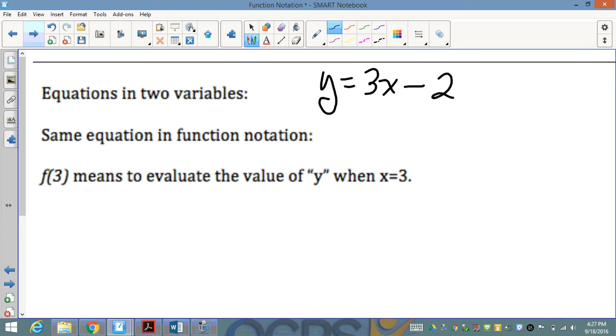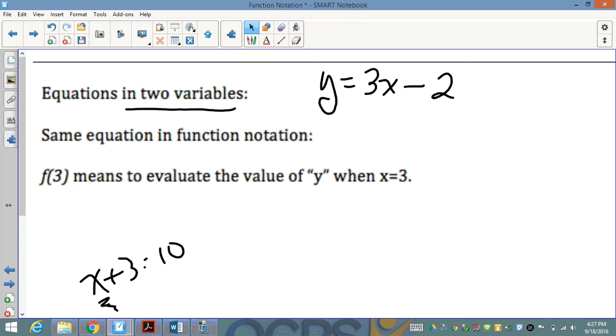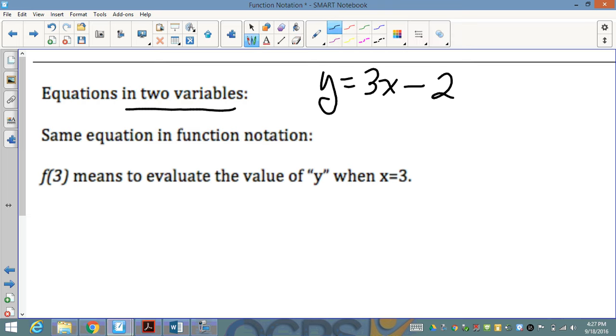First, let's talk about this equation in two variables. All that means is that my equation, instead of being something like x plus 3 equals 10, where I have just one variable, has two variables. You don't have to write that one down. But if you look at the example here, and I do want you to write this down, y equals 3x minus 2. I've got an x and a y.